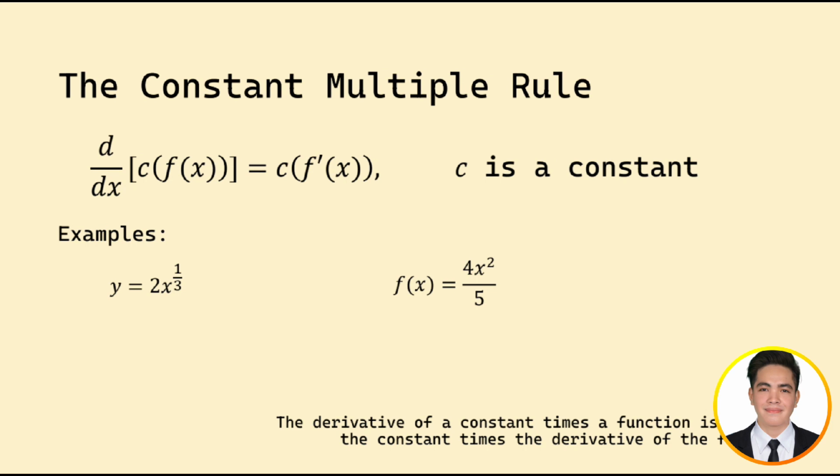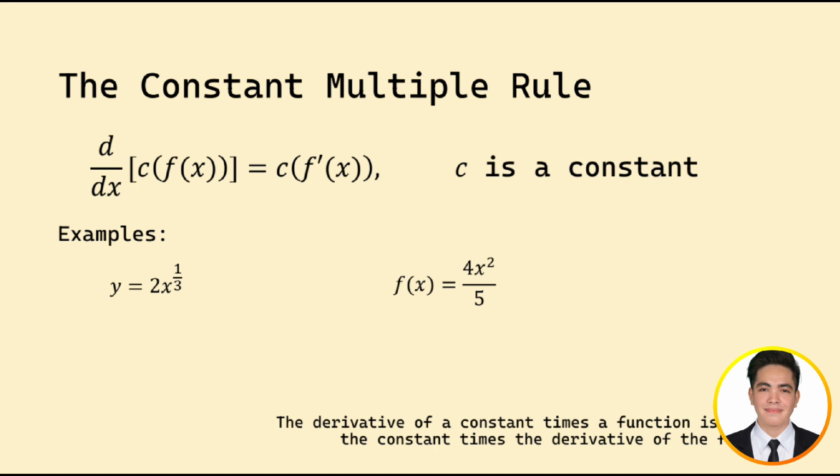The next one, the third one, is the constant multiple rule. It says here that the constant multiple rule says that the derivative of a constant times a function is the constant times the derivative of the function.